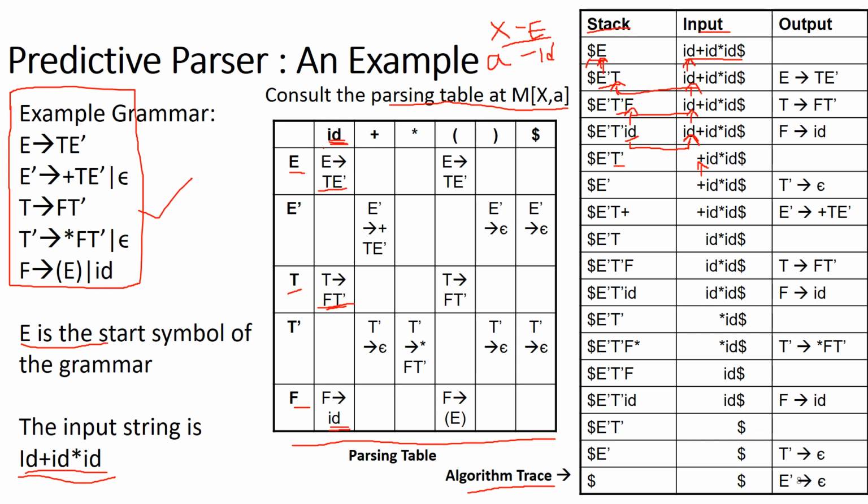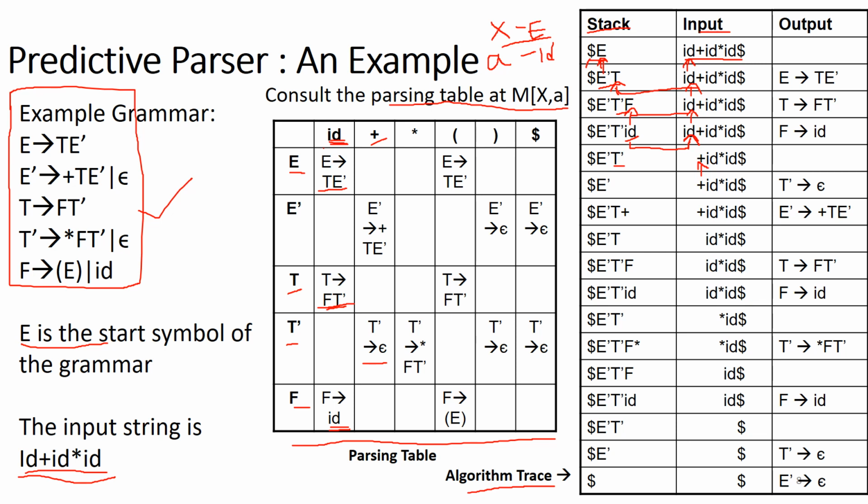Because T dash is the top of the stack, the parsing procedure again consults the parsing table at the location T dash and plus. Here we have a production which is T dash to epsilon. T dash is the left hand side of the production and the top of the stack, and epsilon is the right hand side of the production.